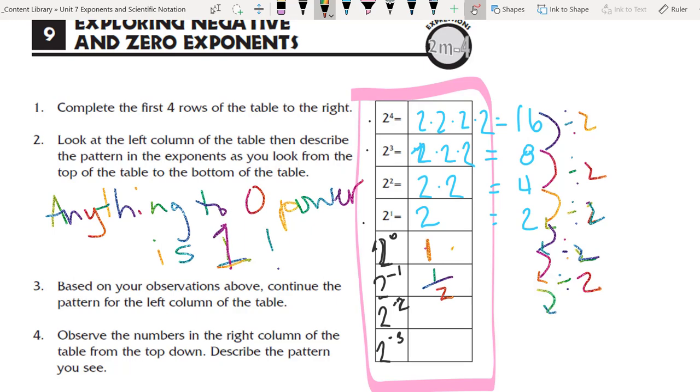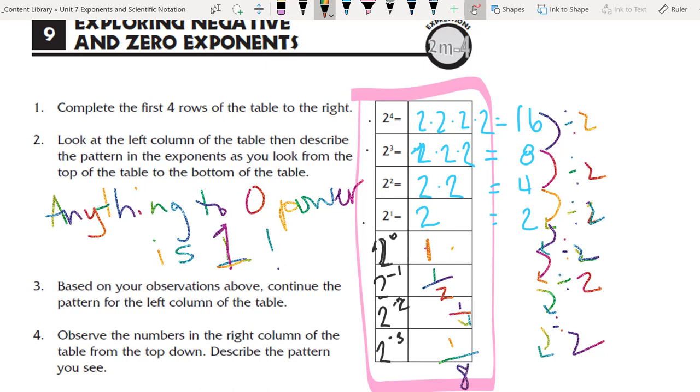What if I divided by 2 again for 2 to the negative 2nd power? 1/2 divided by 2 would be 1/4. And for the last one, divide by 2 again. 1/4 divided by 2 would be 1/8.